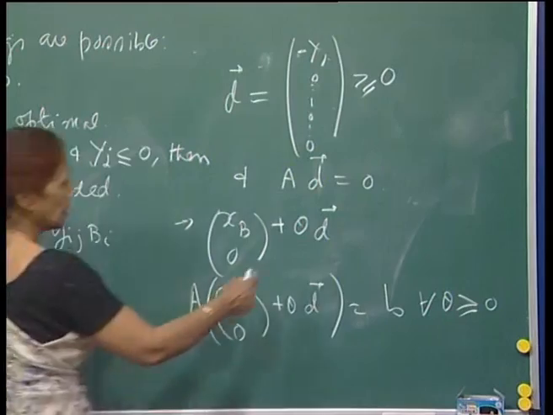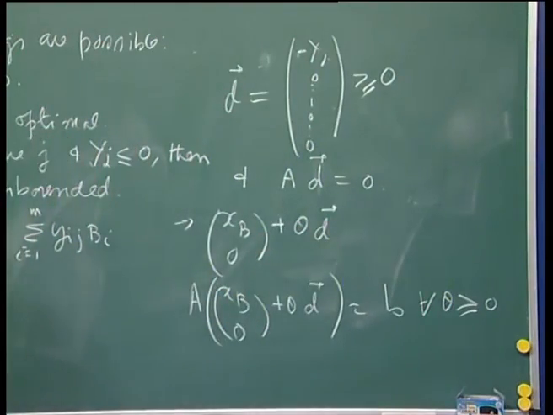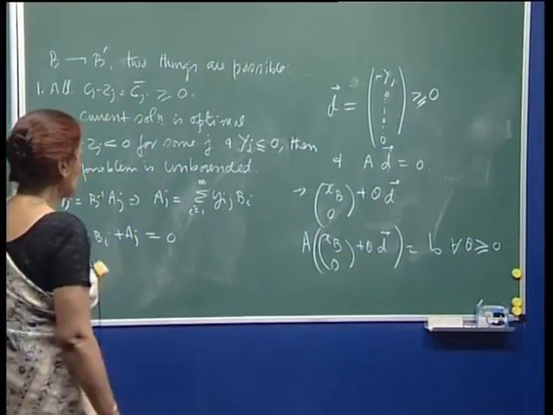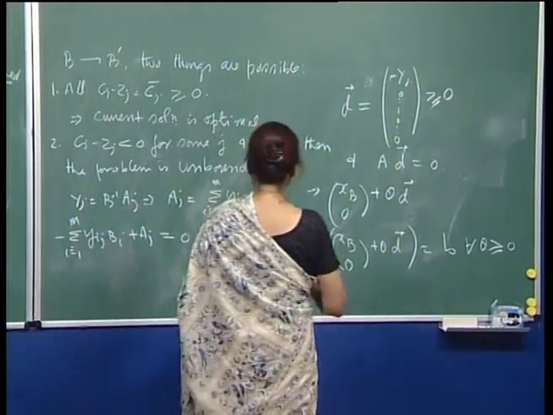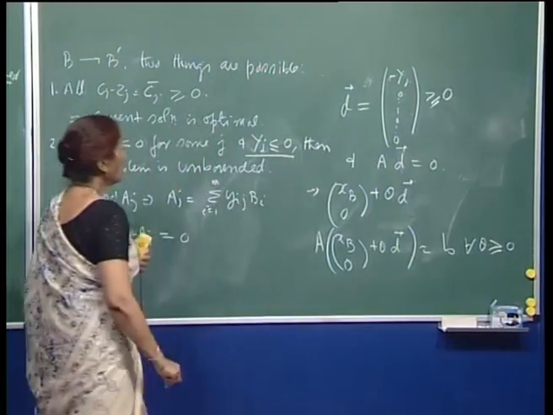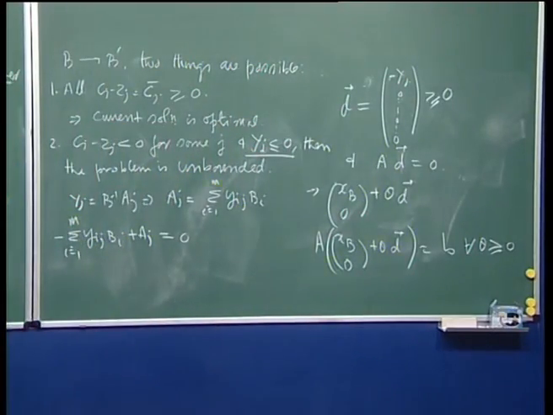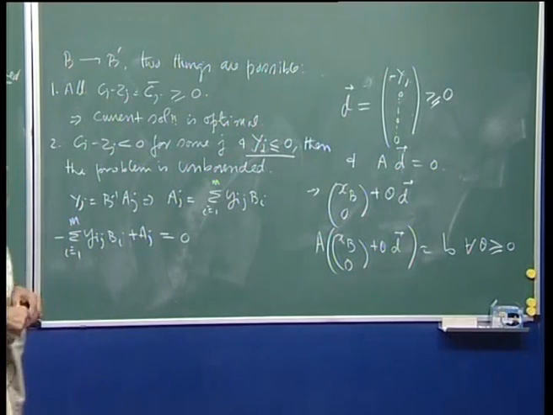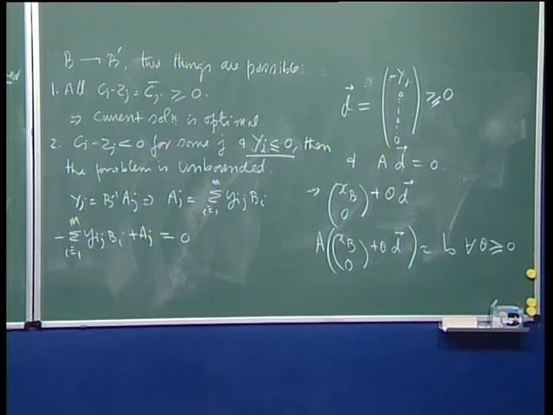So, this is a direction present in your feasible set, that is the direction of the polygon. So, when the Yj's are all negative or 0, I can show you the existence of a direction in the feasible set. And now compute the value of the objective function.